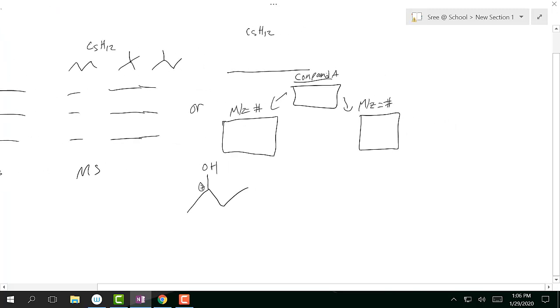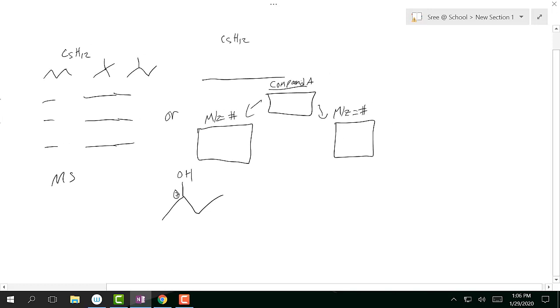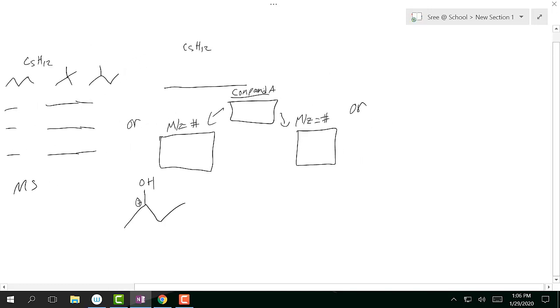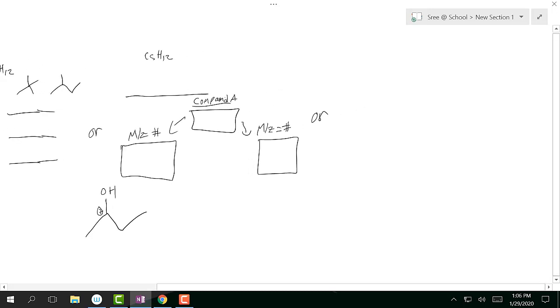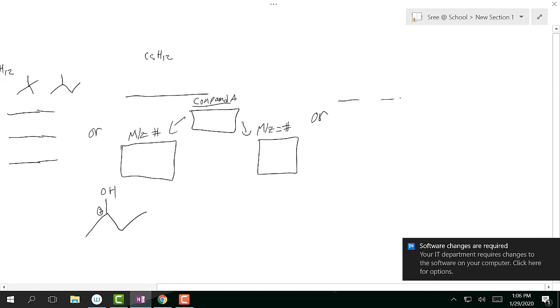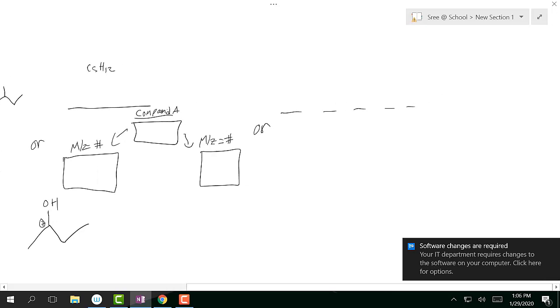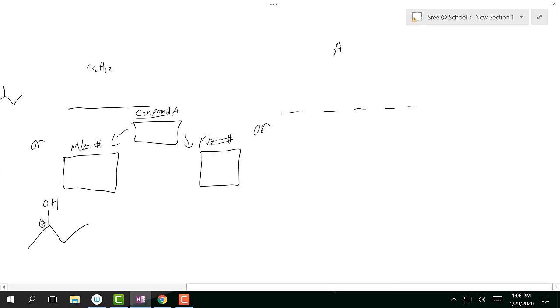Okay, sorry. There's a third way that you can be asked this question that relates to your question. So it can also be a ranking question. So you have 5 fragments, right? And you have compound A, and they'll give you 5 different ways.